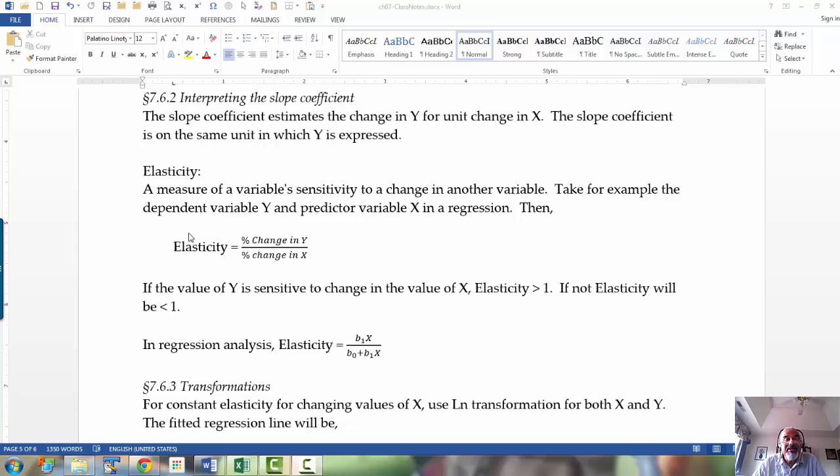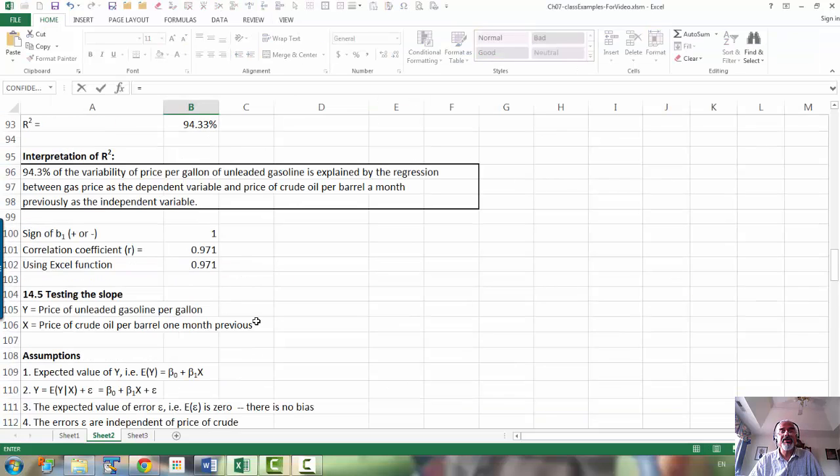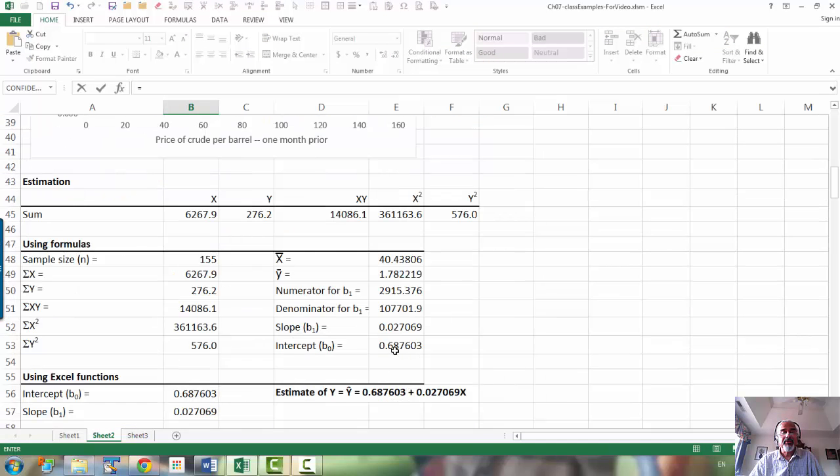And that elasticity can be computed using this formula. Once you know the value of b sub 0 and b sub 1, we can compute the elasticity using this formula. So let's compute the elasticity for our example now. Let's gather the information that we need. B sub 0 first, we'll get it from here.